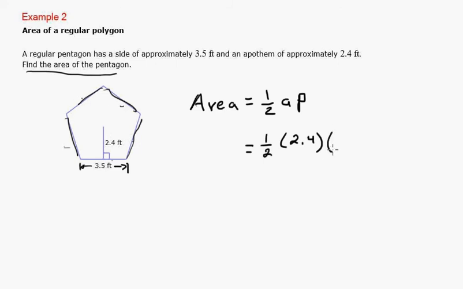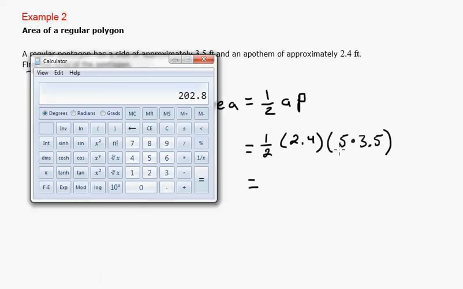So it's going to be 5 times 3.5. I'm just going to put that in and do the calculation all at one time. You could do this on your own. So I'm going to go 2.4 times 5, this is multiplication, times 3.5 equals, and then I'm going to divide by 2.